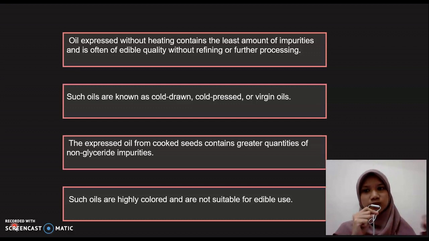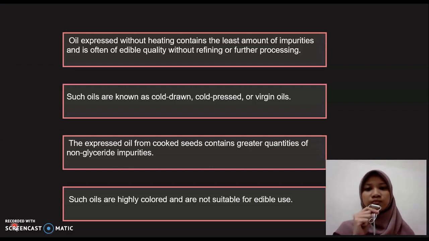Example of the oil pressed without heating is cold drawn. Cold drawn is for example castor oil. Castor oil is an oil used for hair treatment, and then cold pressed is like cold pressed coconut oil and virgin oil. We have so much virgin oil, linseed oil, and something like that.